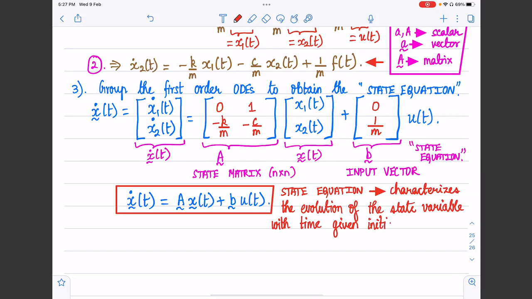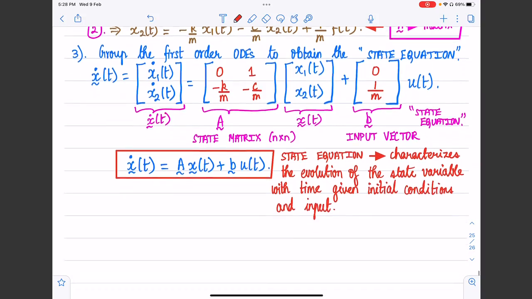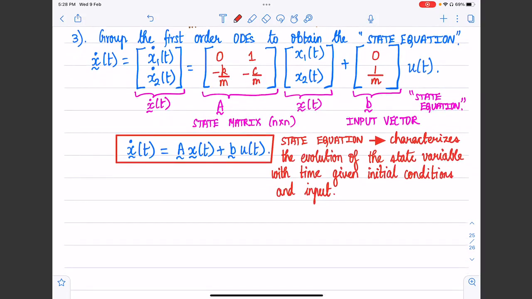Okay, it's given some initial states, initial conditions and inputs. So the state equation can be used to get the time evolution of the state variable, right?